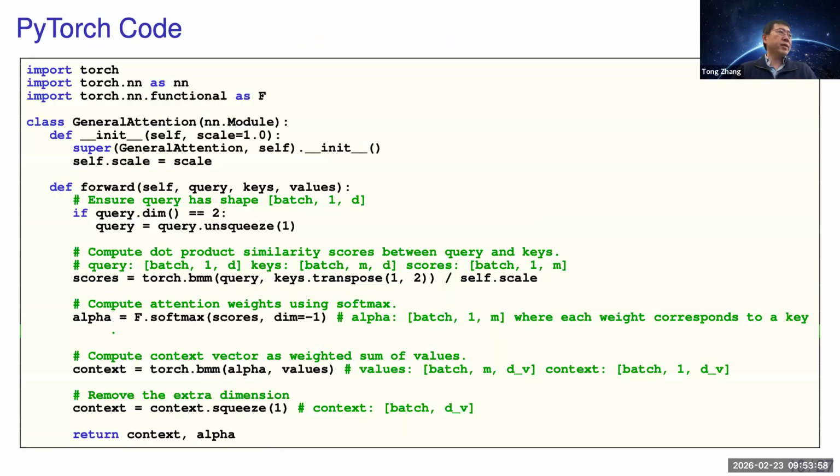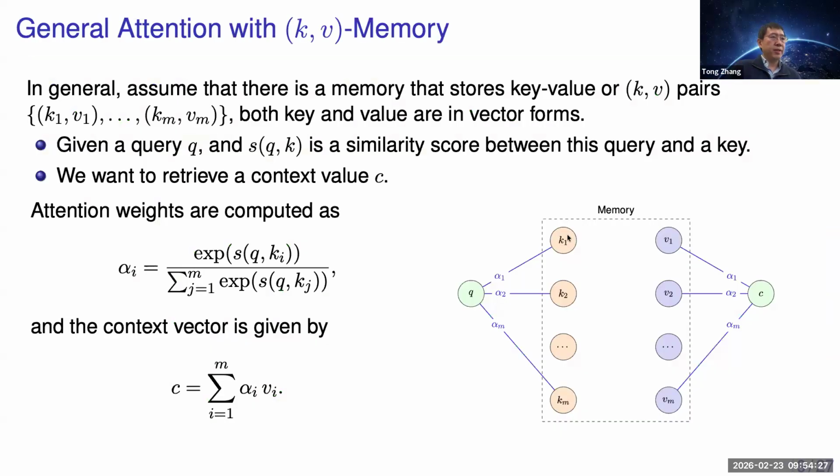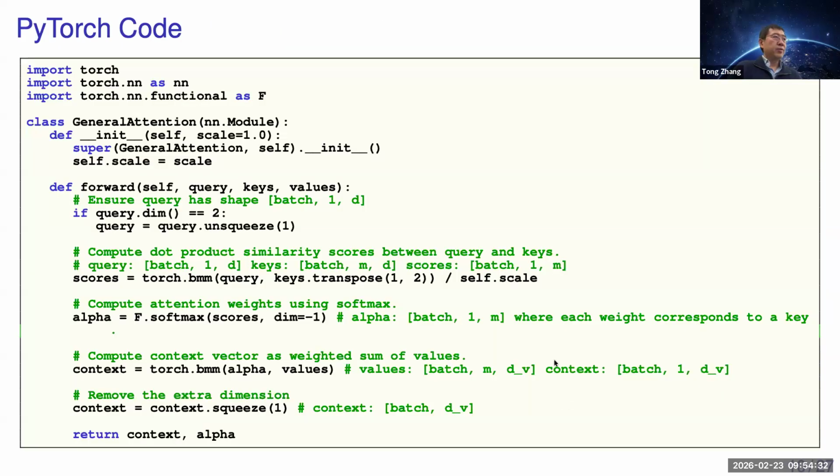Here's the PyTorch code for general attention. This uses batch matrix multiplication. You start with a batch, because in PyTorch the first dimension is always the batch, right? Then the keys will have M keys, because each of those corresponds to a memory. Usually there's just one query, of D dimension.